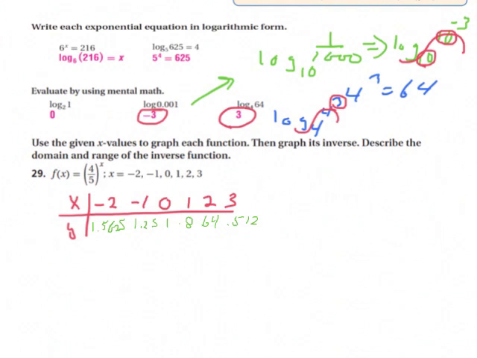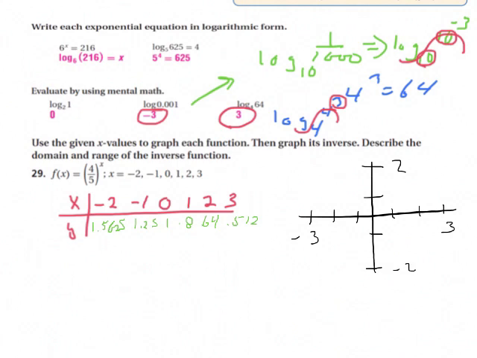All right, let's see if we can graph that. Let me go 1, 2, 3, 1, 2, 3, and 1, 2, and 1, 2. We're going to spread this graph out a little bit. When I'm at -2, I get 1.5625.